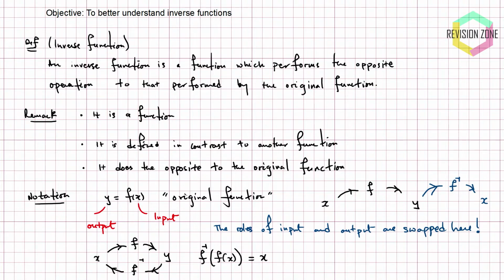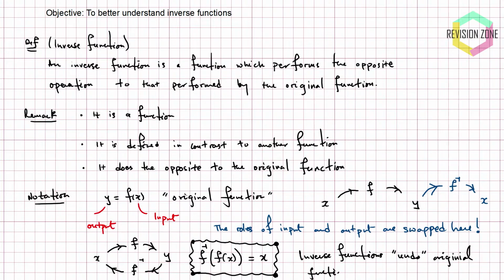This is a defining feature of inverse functions, the fact that they satisfy a property like this. So inverse functions undo original functions. And we can see the undoing happening here. The function does something to give f of x, but then the inverse function undoes it and gives you back what you started with.